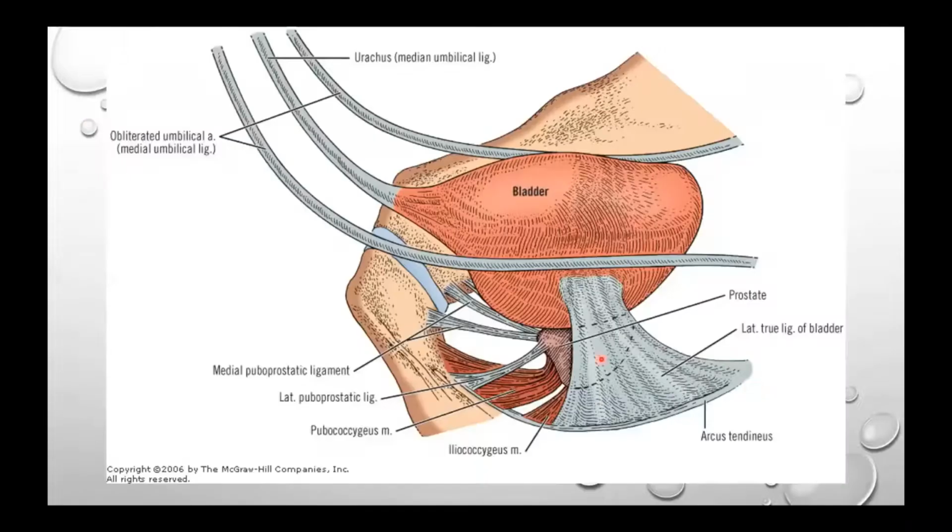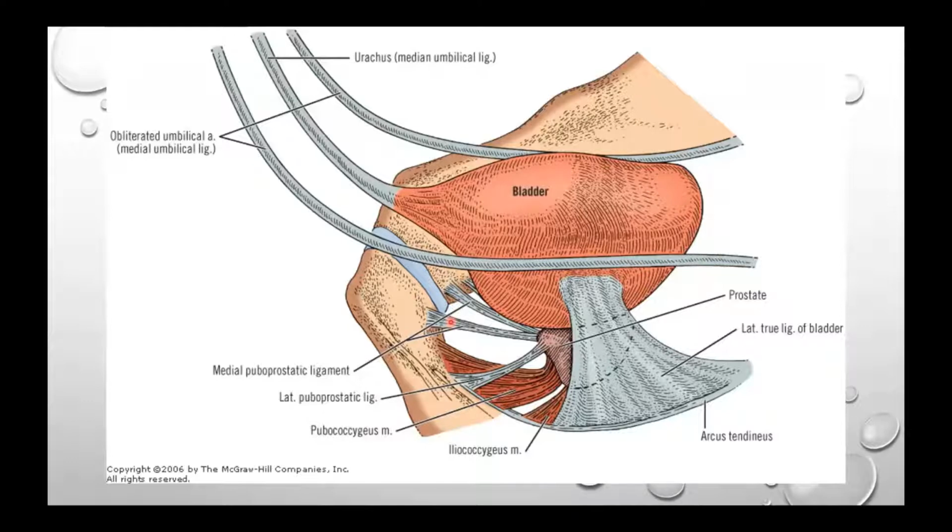In this picture, we can see the median umbilical ligament, which is attached to the apex here. When the same structure is covered by peritoneum, that peritoneal fold we call the median umbilical fold. And we can see the medial umbilical ligaments on either side, 1 and 2. They are nothing but the obliterated umbilical arteries.